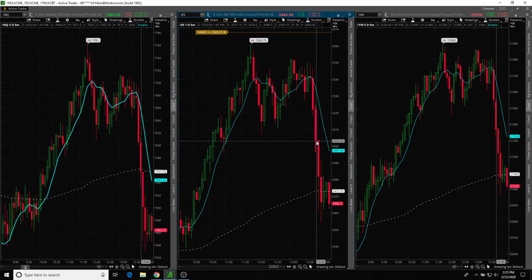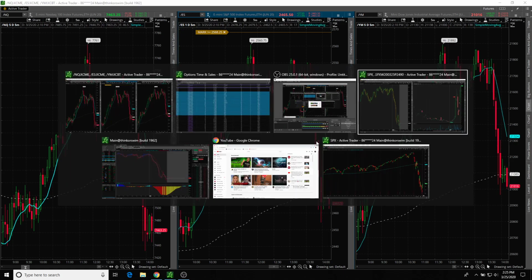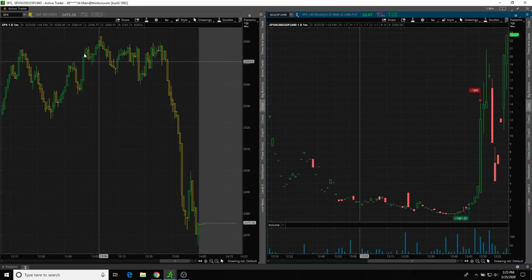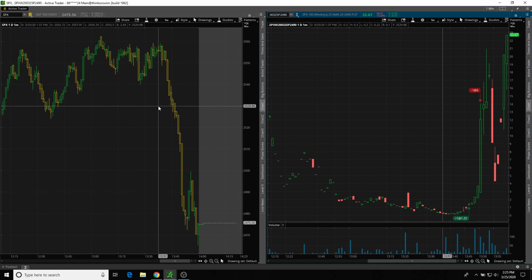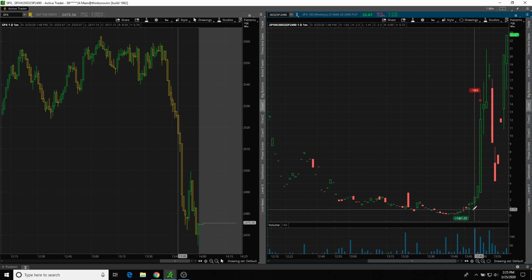So I'll show you the put trade that I made today in one of my accounts. Over here on the left-hand side is the SPX. It's just the price index. You can't trade this. You actually have to trade the options. So what I traded was the 2490 put. I'll go ahead and highlight where I got in. I got in on this trade at one contract right here where my cursor is.